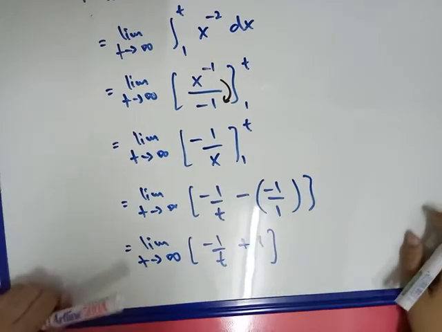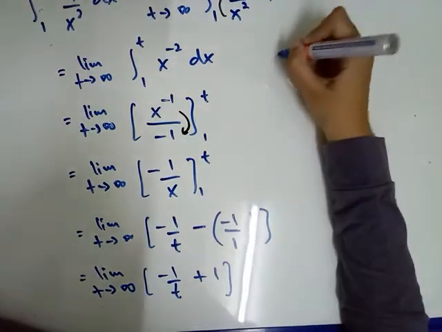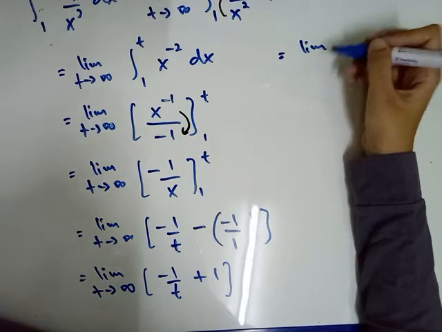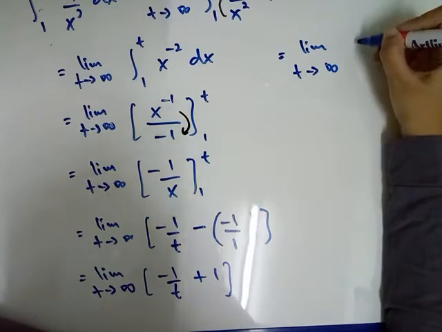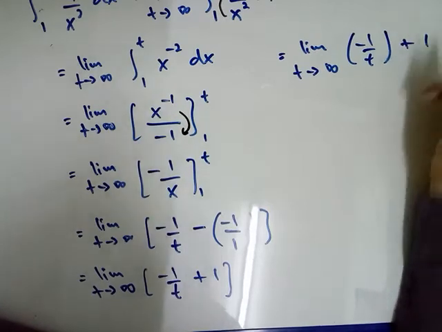And this is a fixed number, right? So limit t approaching infinity of negative 1 over t plus 1.